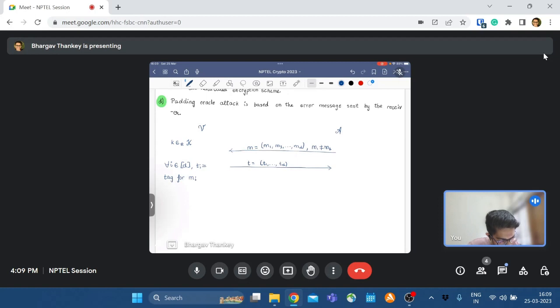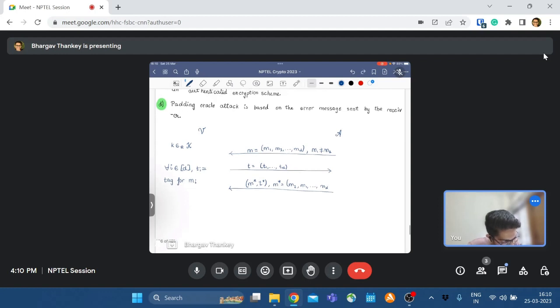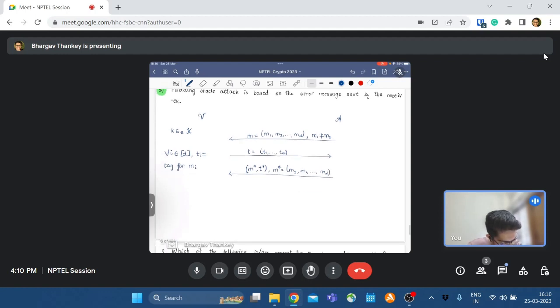So after receiving these tags, what the adversary does is the following. It sends this message tag pair to the verifier, and over here the message is M star, and T star is T2, T1 to T2.